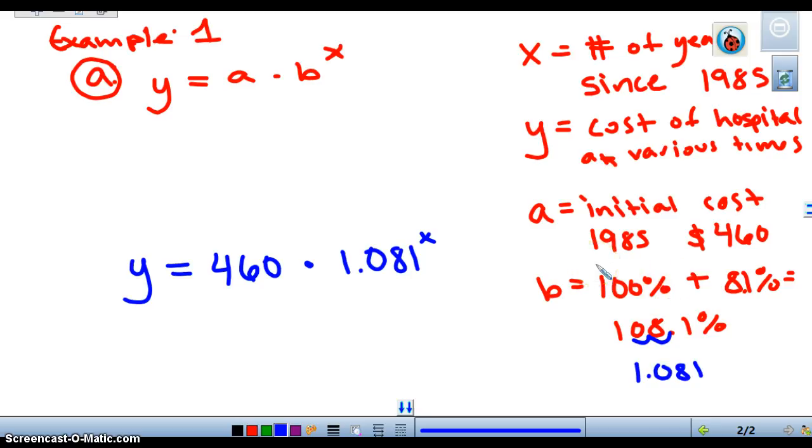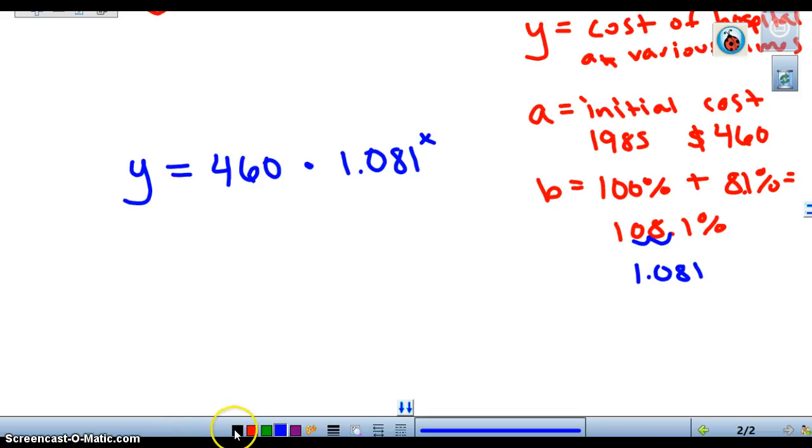So the full amount that it increased the year before would be the total percentage, which would be the 100%. Yes. So whatever percent they give you, you add 100 when it's a growth factor. That means when it's becoming more. We're going to get to that example.